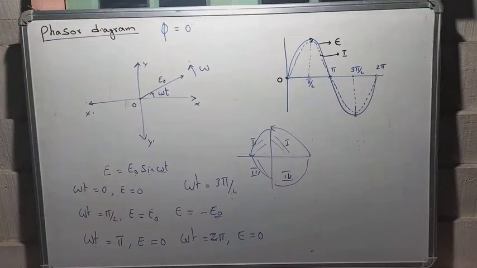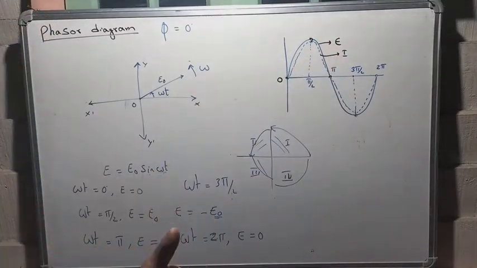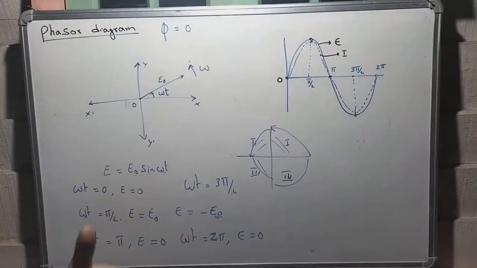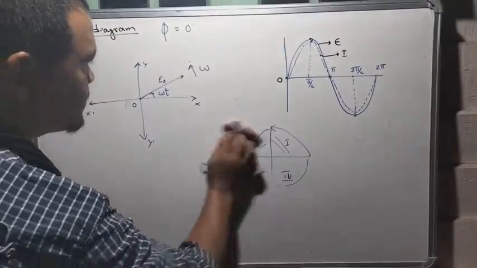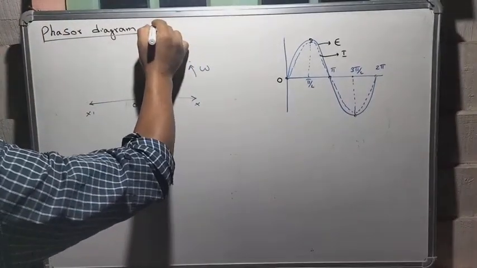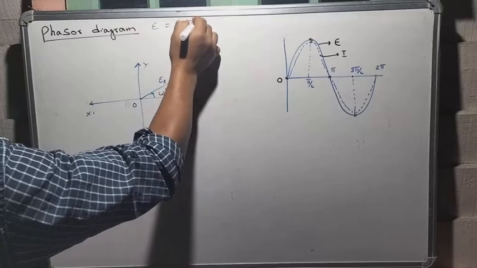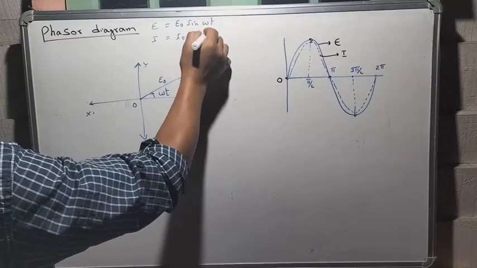Okay. All right. So now, as I already mentioned before, in this chapter we have two sinusoidal waves. One is the EMF, another is the current. So how do we represent these two waves using a phasor diagram? Now, if the two waves are in phase, then the equations of the two will be E equal E naught sine omega t and I equal I naught sine omega t.